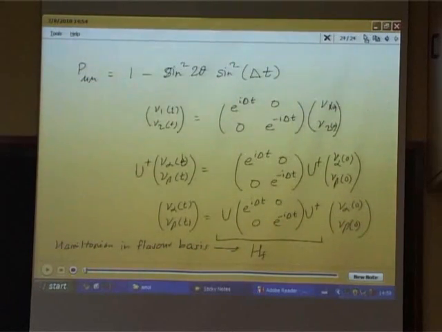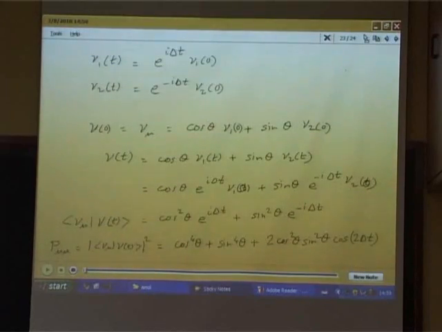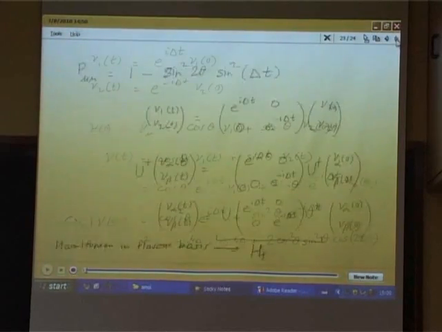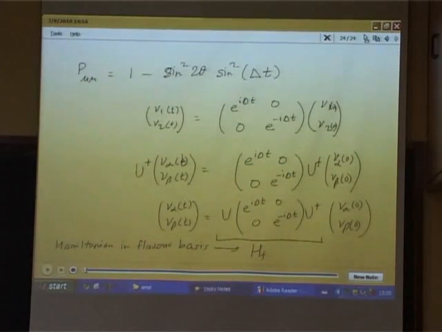In principle, you may not even have to go through this process. This is what we did: we took nu, went to the mass basis first, used the evolution, and came back to nu. In principle, you can simply take HF and calculate e power minus i HF times t, and you have the answer.